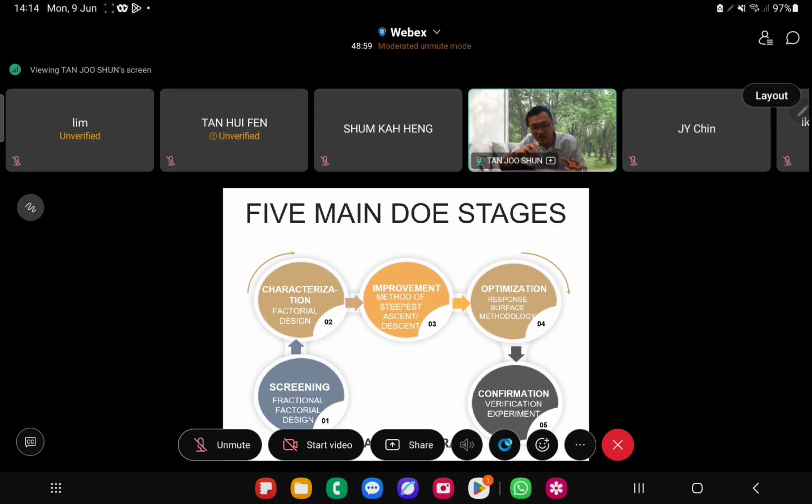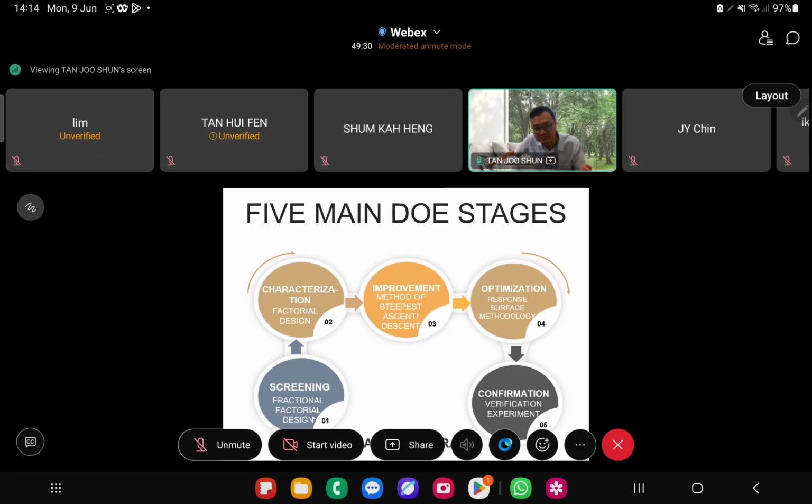In this case, you can use a fractional factorial design. It is also a two-level factorial design, just that the experiment runs you need to conduct are fewer, for example one third of the experiments, to screen out which factors are significant.